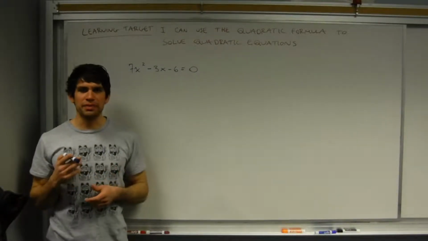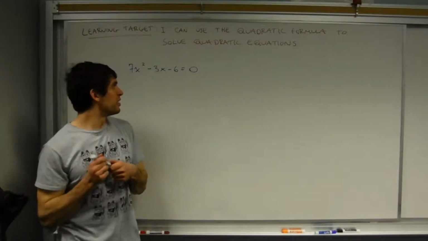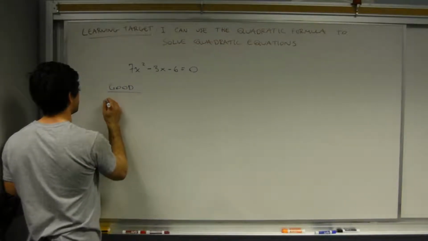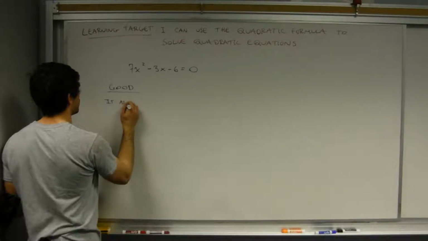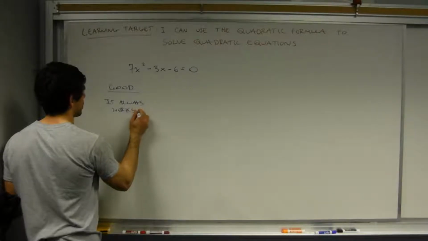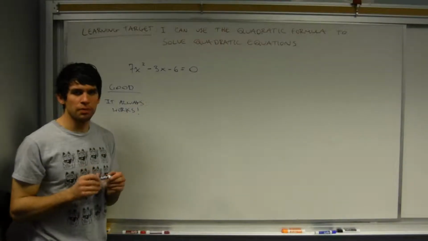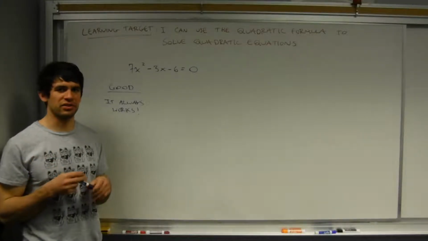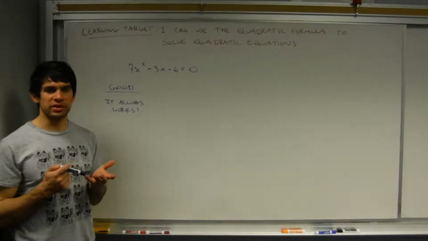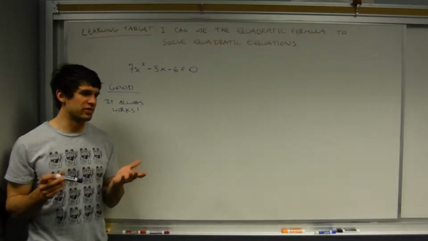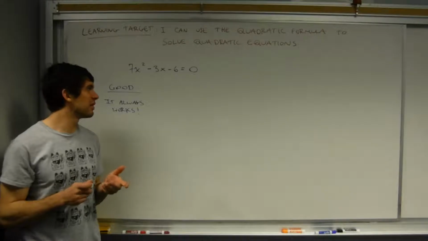So there are some good and bad things about the quadratic formula. I guess the main good thing is it always works. So I guess technically you could solve any quadratic equation by factoring or completing the square, but there are certain equations that are going to be really, really annoying and almost impossible to solve using those methods.